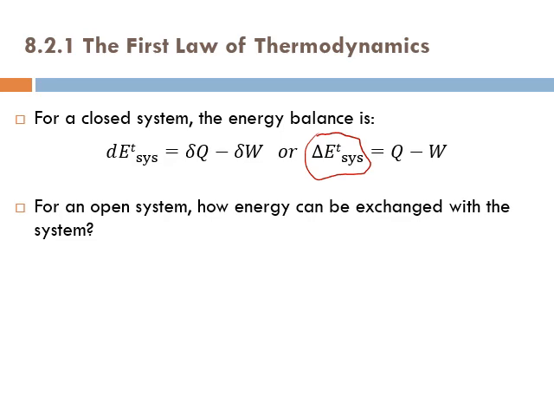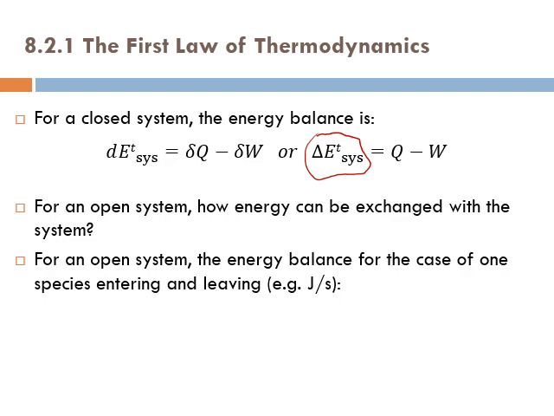Energy can be accumulated in the system by input minus output. So what are the means for input and output? Well, you know that one of them is heat, the other one is work, the third one is the energy exchanged due to mass exchange.